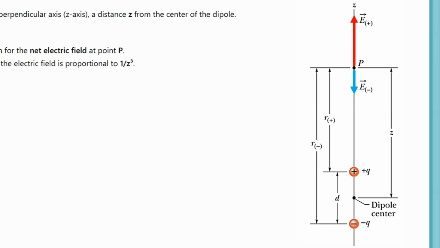Therefore, the field produced by the positive charge points away from the positive charge, while the field produced by the negative charge points toward the negative charge. Also, both electric fields lie along the z-axis, so we only need to combine them algebraically according to their directions.